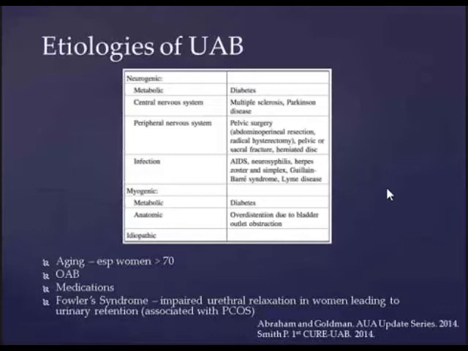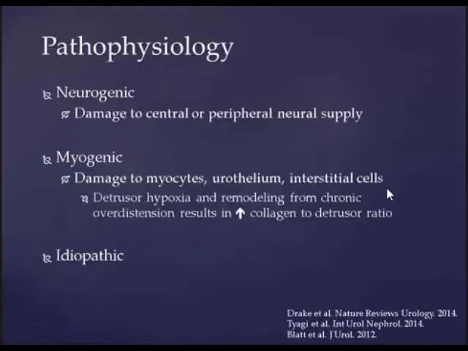Medications, we all know there's lots of medications that can cause urinary retention. And then there's this particular syndrome in ladies with polycystic ovarian syndrome called Fowler's syndrome. What Fowler's syndrome is, it's a tight external urethral sphincter and tight pelvic floor muscles that don't allow good emptying. So over time, you get that myogenic failure.